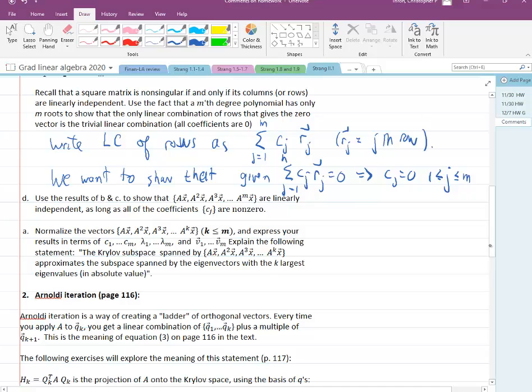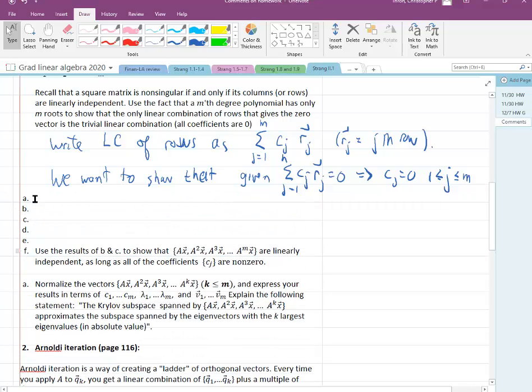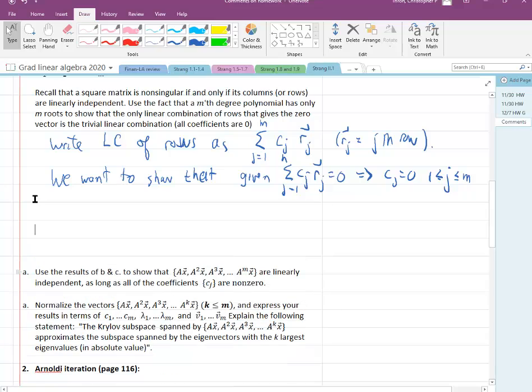So what you want to do here is rewrite this. Sorry, I don't know how to get rid of this. Okay, this is going to mess up the letters, but that's okay. So I want to rewrite this vector equation as m different equations.